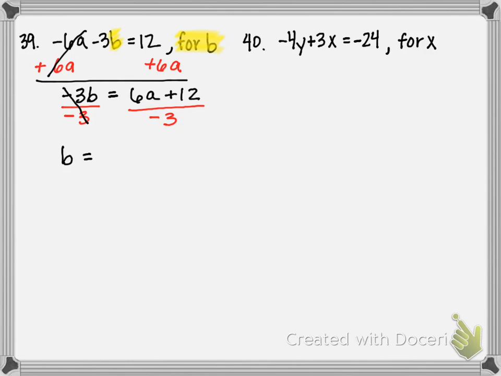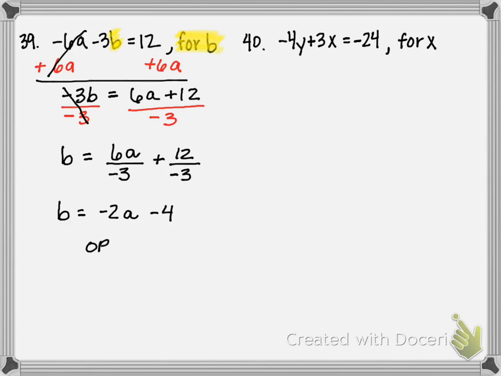So on test 1, I told you guys it was fine to leave it that way. We really haven't learned how to simplify something like this. But as of test 2, you guys have learned that we would split this up to simplify. So we have 6a divided by negative 3 plus 12 divided by negative 3. We're going to get b equals 6a divided by negative 3 is negative 2a, and 12 divided by negative 3 would be negative 4.